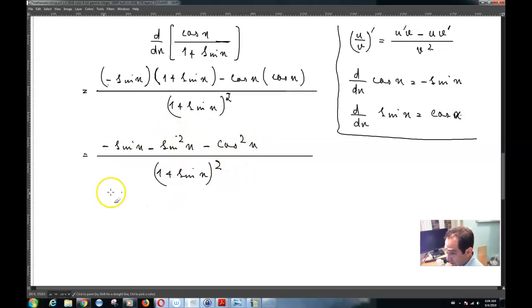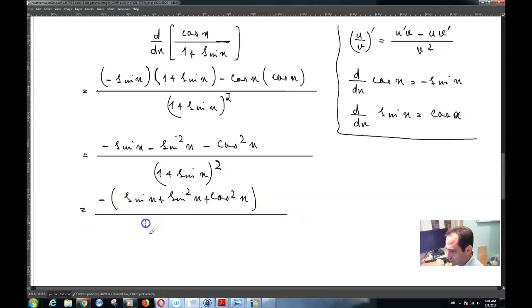You can write it as negative of sine x plus sine squared x plus cos squared x over 1 plus sine x whole squared, and then sine squared x plus cos squared x is equal to 1.